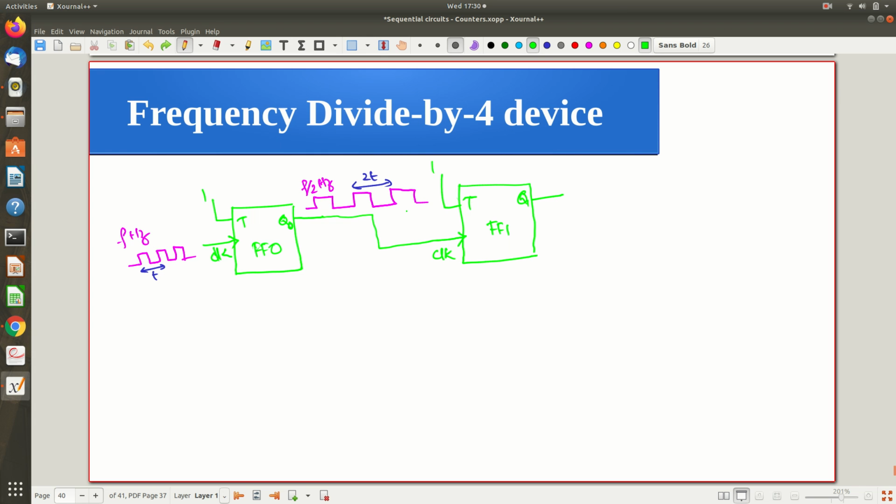I am applying a clock of frequency f by 2 hertz, or a time period of 2t. Definitely this T flip flop is going to divide that frequency further by 2, as we have seen. So you will get something like this. Assume that it's a perfect square wave. You can see that if this is 2t, this will be double of that.